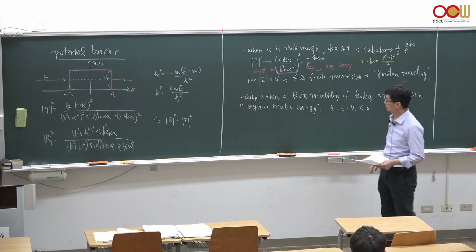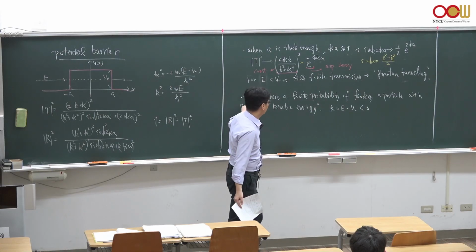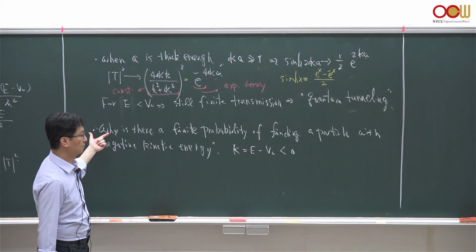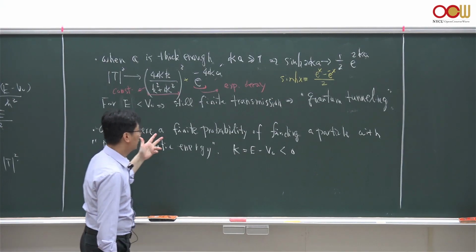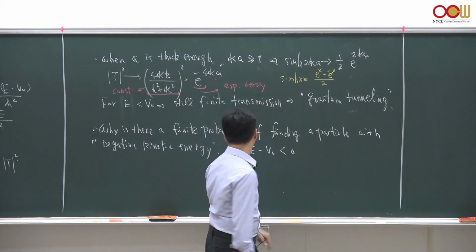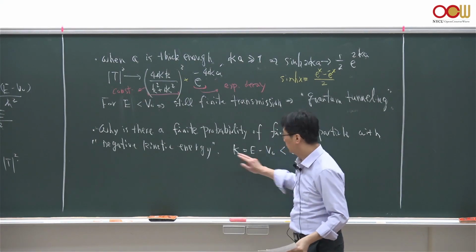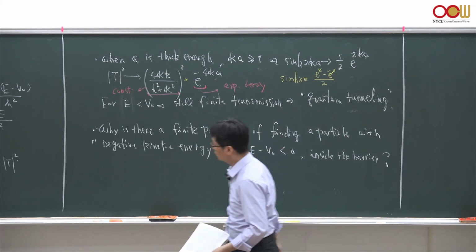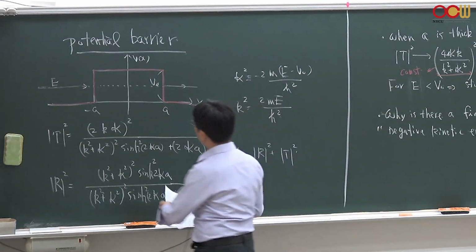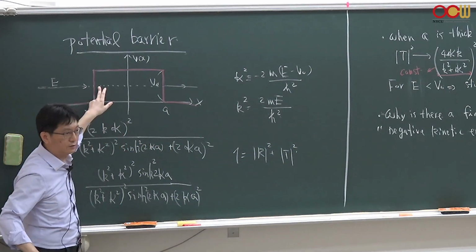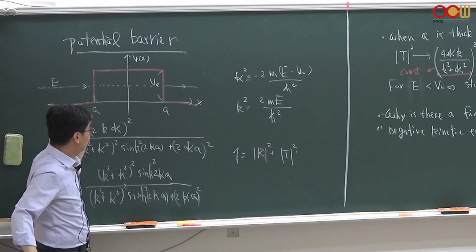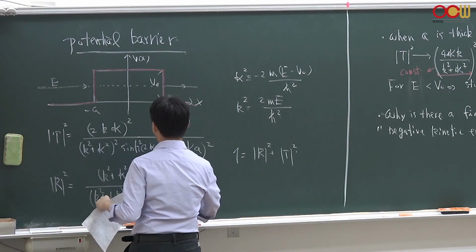Let's look at the second remark, which is very important and which I've emphasized many times. The question is: why is there a finite probability of finding a particle with negative kinetic energy inside the barrier? As indicated by the dashed line inside the barrier, the solution inside the barrier is still finite.